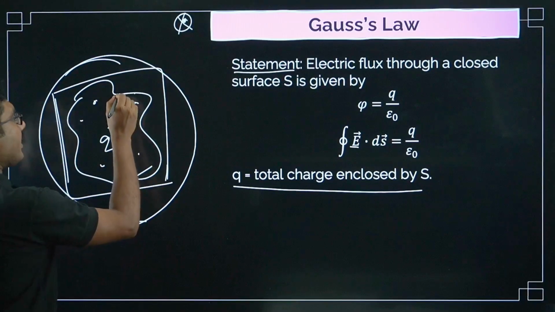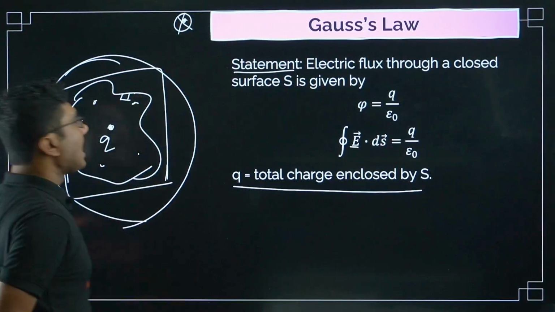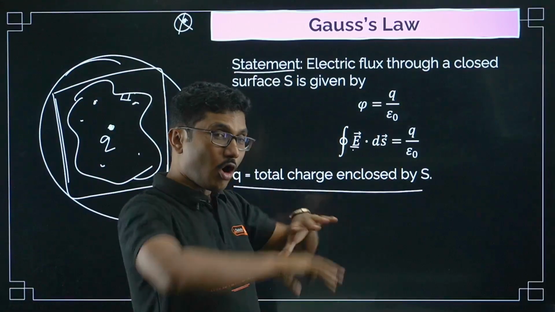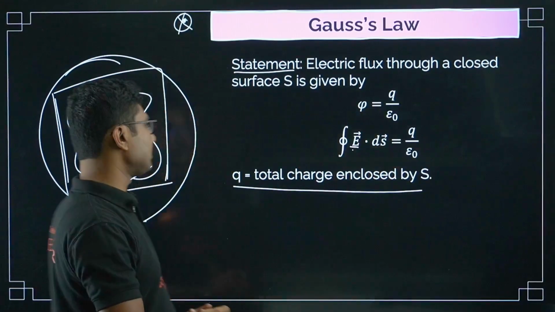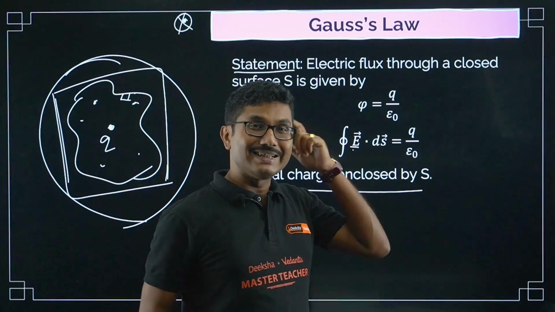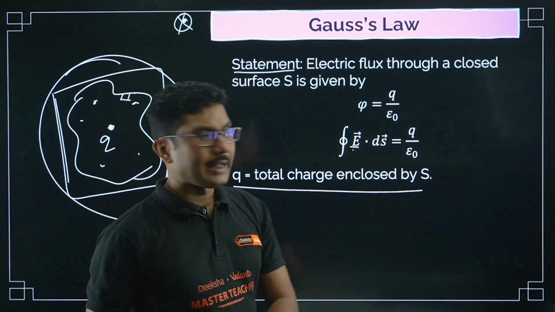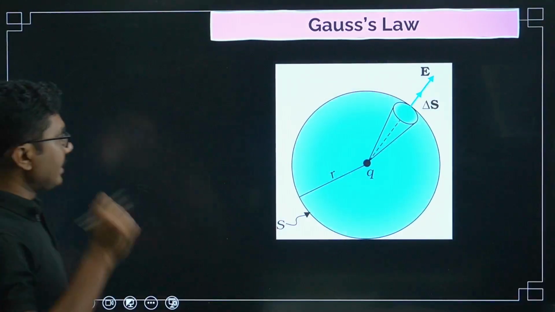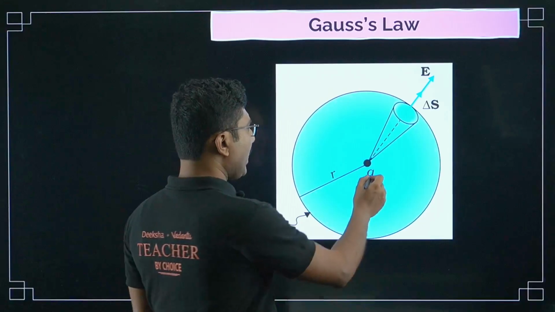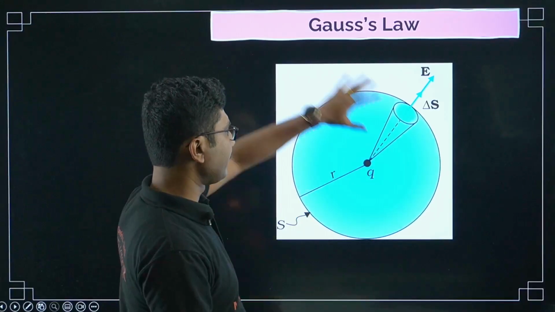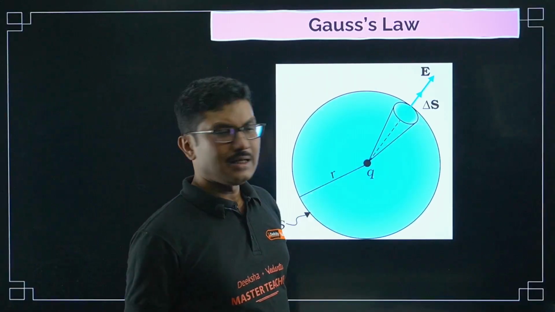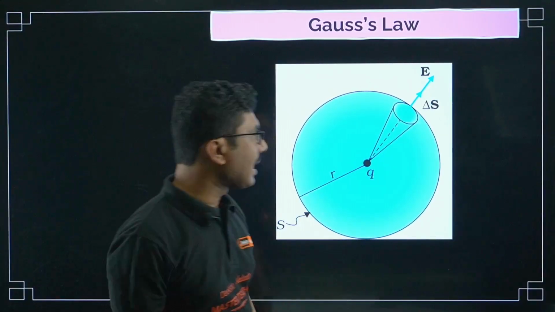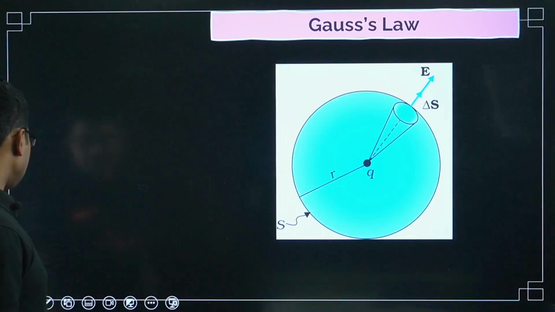If you take a very small portion of the surface area and multiply E dot ds, and then sum all such areas across the surface, you will get the integral of E dot ds equals Q by epsilon naught. Here you can see that we have some charge Q kept in a spherical surface. So delta S is the surface area, E is the electric field, and you can apply Gauss's law and calculate whatever the electric field is.